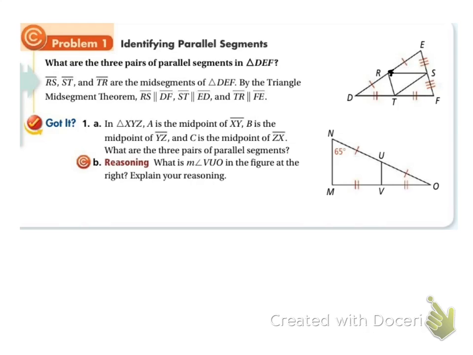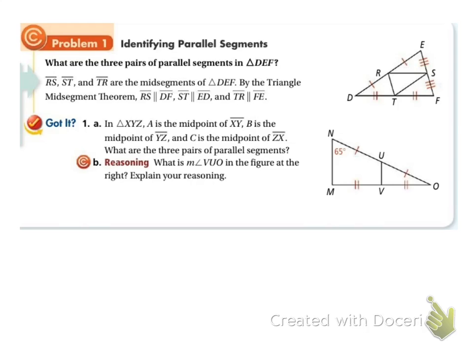And if you turn your head a little bit, we know R is the midpoint, and T is the midpoint. So RT is the midsegment, and it is parallel to EF. And finally, we know T is the midpoint, and S is the midpoint. So ST is parallel to DE, because ST is a midsegment.